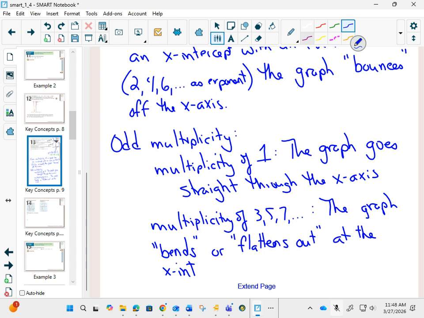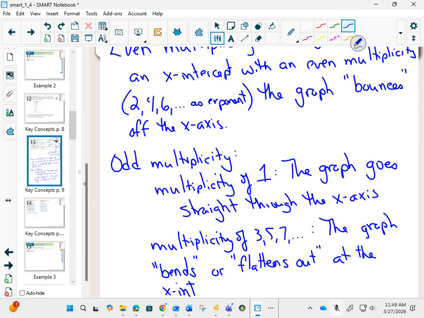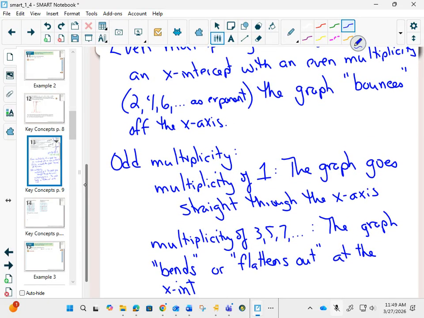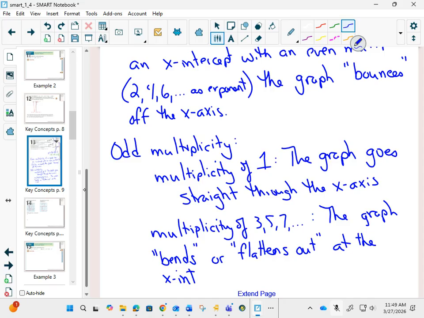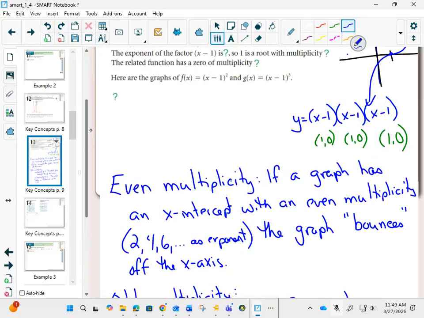So actually, if we go back to chapter 3 and I would double check all of your x cubed graphs, you'd probably all lose some marks. Because, and even the one that I drew here, and I'm going to scroll up for a second, I'll come back. So if you want to finish this up, and I say the graph bends or flattens out at the x-intercept.